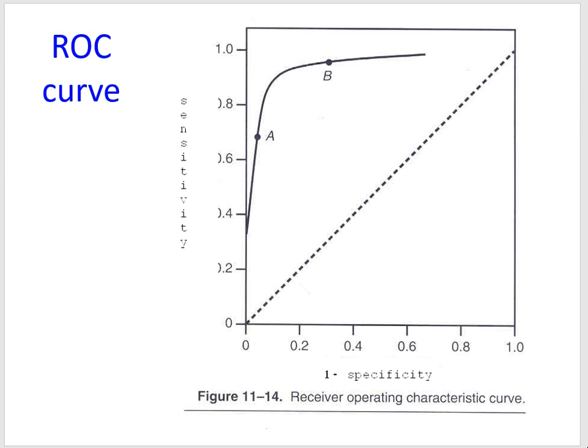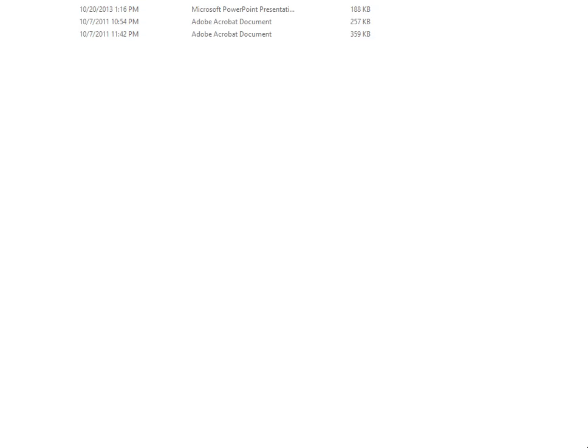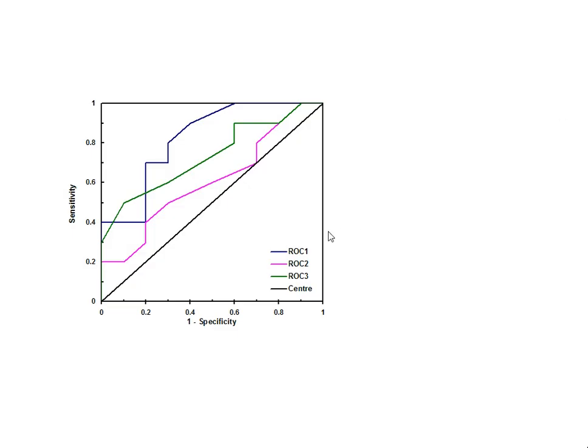Now I'm going to see if I have multiple ROC curves as an example so that you understand what I'm talking about. Okay, sorry, it's going to take a bit of time to open. Okay, so here are 3 ROC curves, and you're trying to figure out which one is the better one. Now, they're actually all weird, but one is in pink, one is in green, and one is in blue.